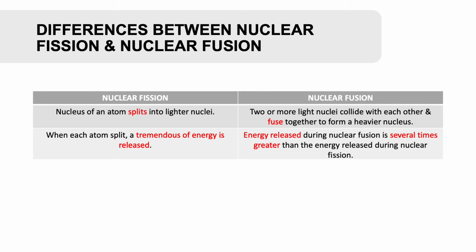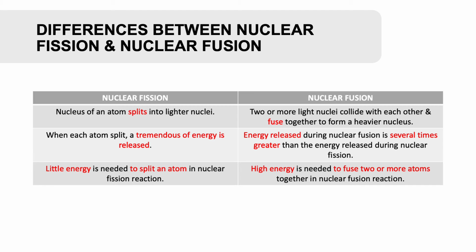Other than that, in nuclear fission, when each atom splits, a tremendous amount of energy is released. However, energy released during nuclear fusion is several times greater than the energy released during nuclear fission.